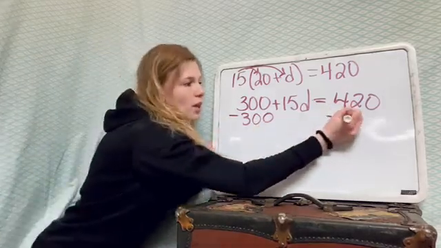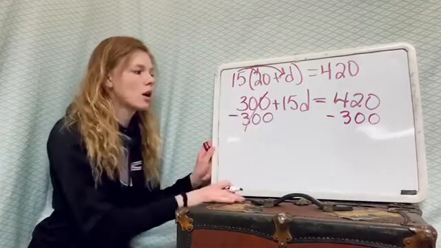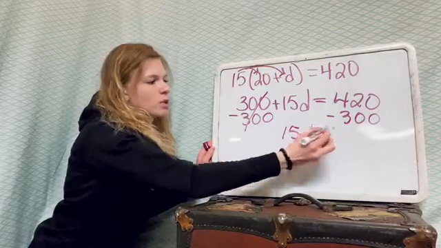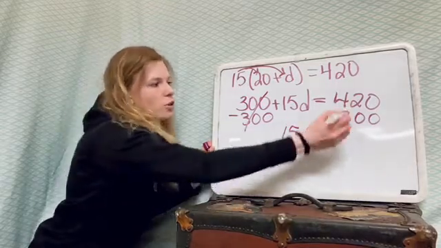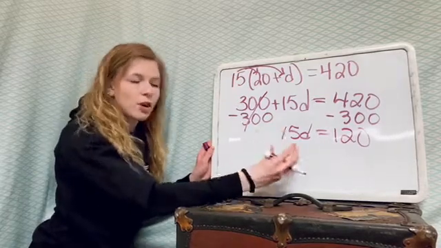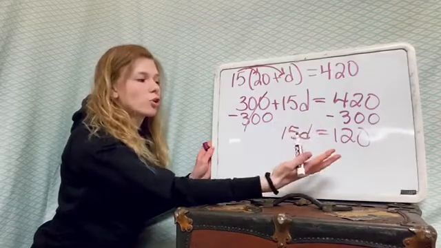What I do to one side, I have to do the other to keep the balance of the equation. So that cancels out. I'm left with 15d, bring down my equal sign, and then 420 minus 300 is 120. My variable is still not alone. 15 times d equals 120.